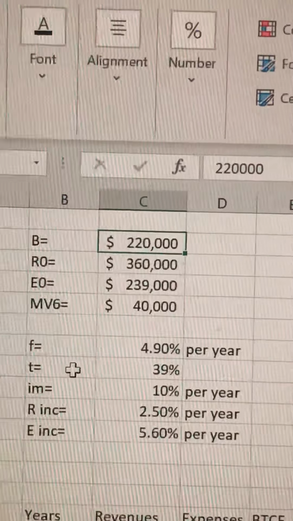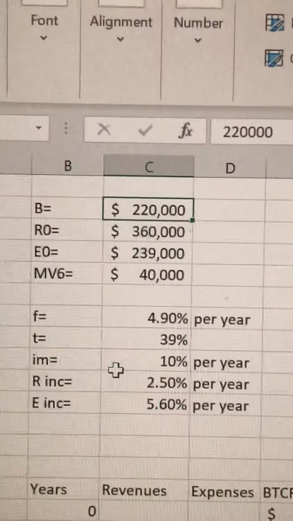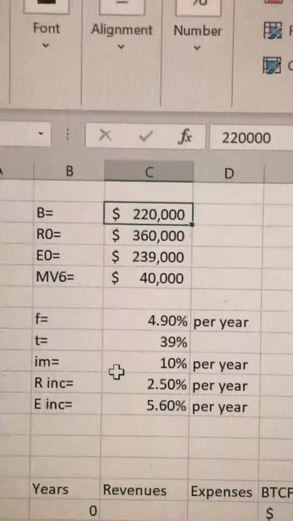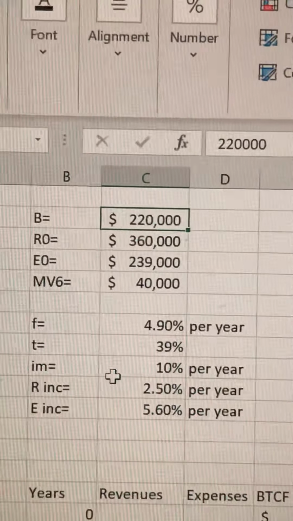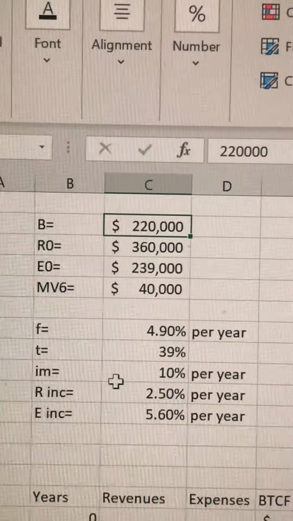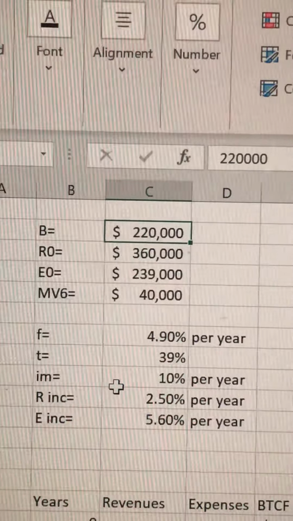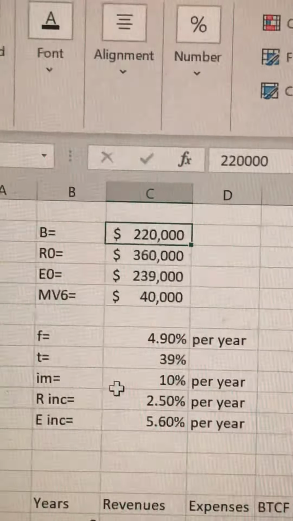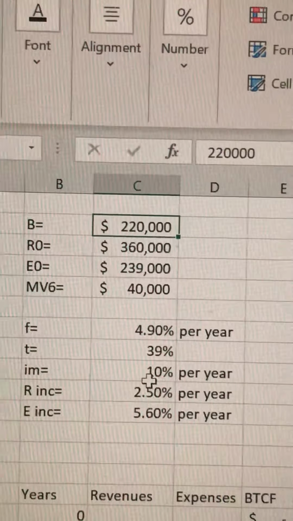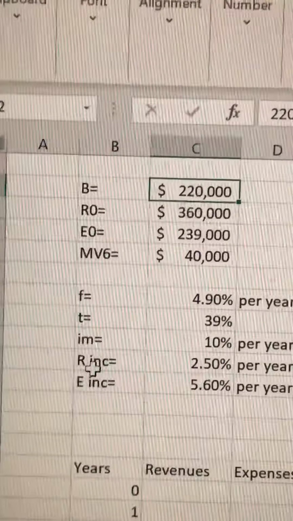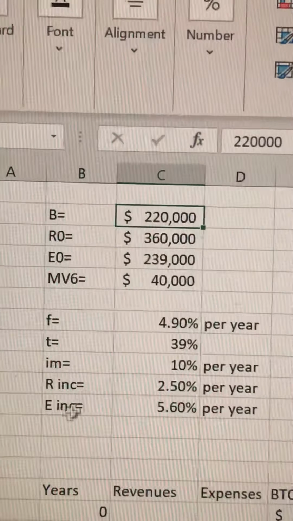The tax rate is 39%. We're given the market MARR rate of 10% per year, and then we also were told that the revenue increases that much per year, and the expenses increase this much per year.